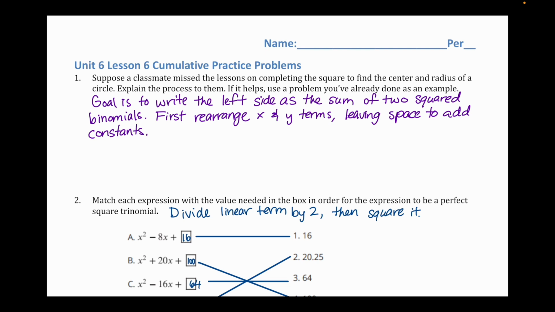Constants are just whole numbers. So we will rearrange our x and y terms, leaving space to add constants. And I would even say, in a different color, any new constants must be added to both sides.